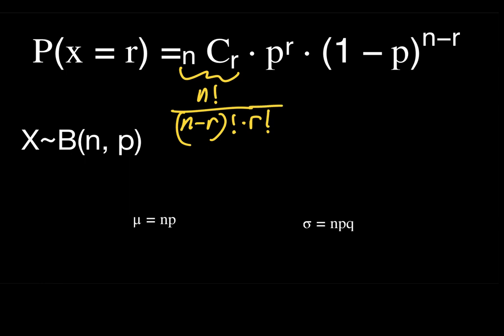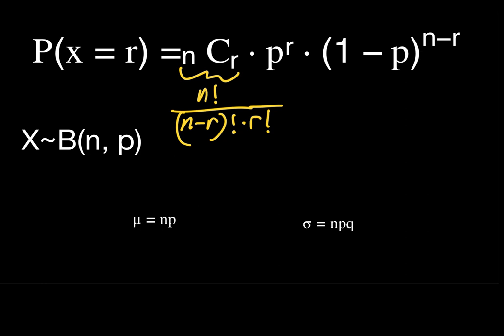It basically says if I have n trials, this nCr number is how many ways it could happen. So if I have 4 things and I want to find how many ways I can have 3 successes: the first, second, and third is one way. First, second, and fourth is another way. Second, third, and fourth is a third way. So it ended up being 3.